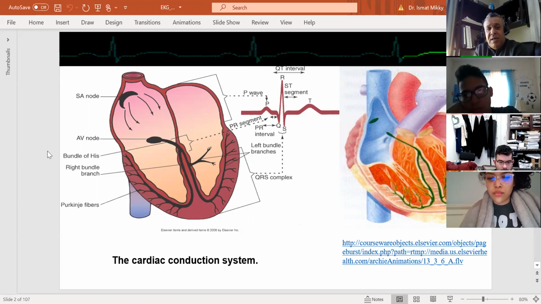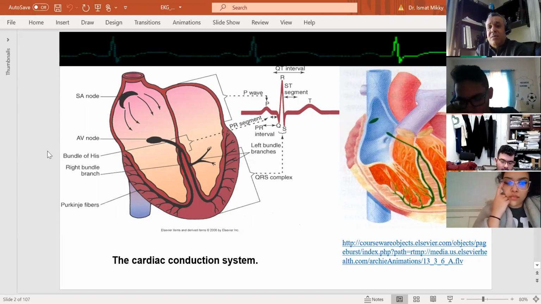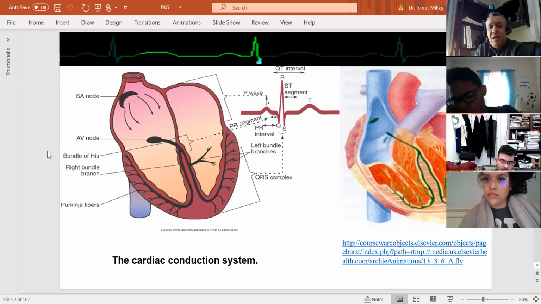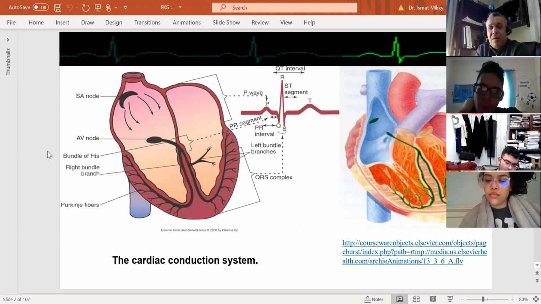So the natural conduction system begins with the SA node, which is going to fire the impulse naturally. No batteries, no electricity, no fuel, nothing. It's just natural. It's going to fire the impulse at a regular, healthy rhythm, known as normal sinus rhythm, NSR.